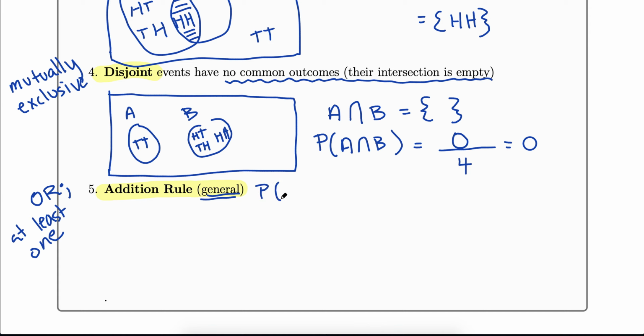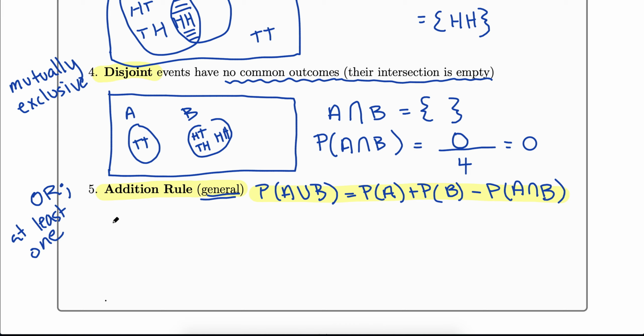So here's our rule: probability of A or B, that's our union. And like the name suggests, addition, we're just going to add those together, probability of A plus probability of B, and we're going to subtract that overlap, or what they have in common, A and B. So let's take a second to kind of see why and convince ourselves of that formula.